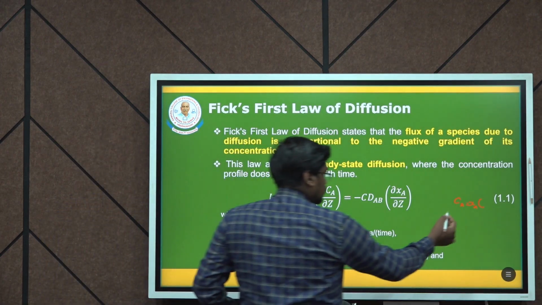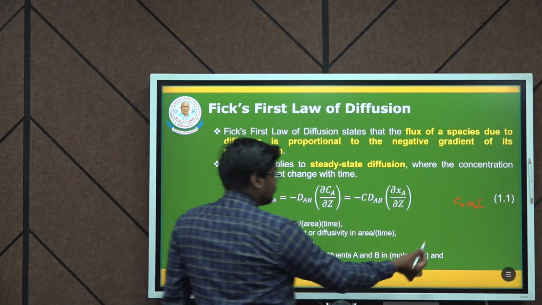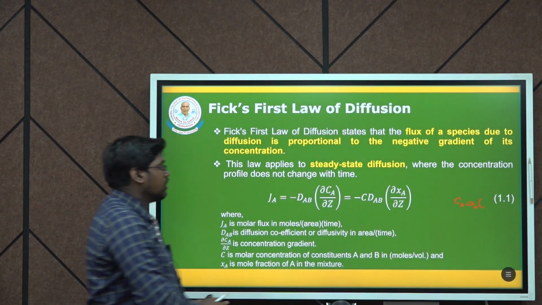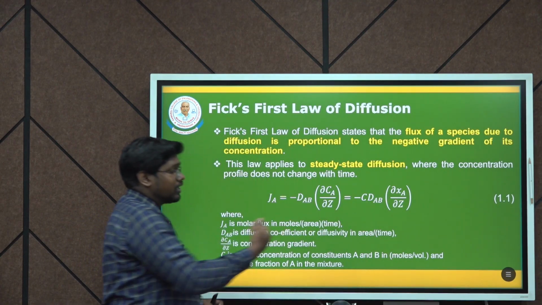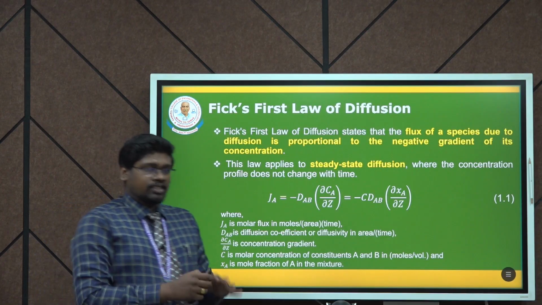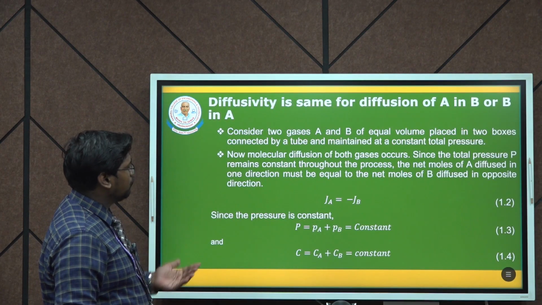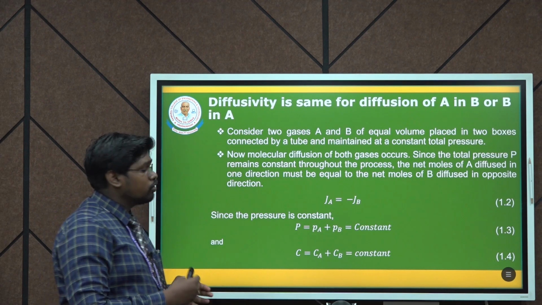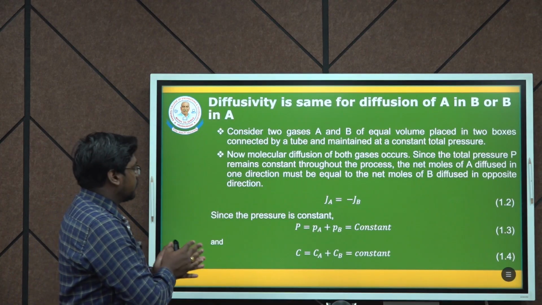So the concentration of A can be given as CA = XA C. By substituting that we get this equation, that is JA = −C DAB ∂XA/∂Z. In a steady state operation, the diffusivity is the same for the diffusion of A in B or B in A. That is true in the steady state operation.